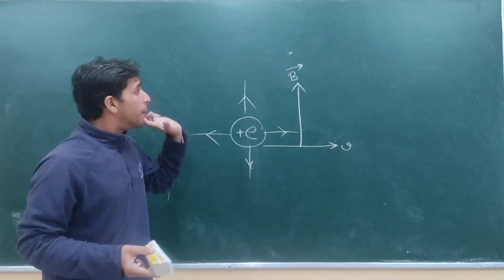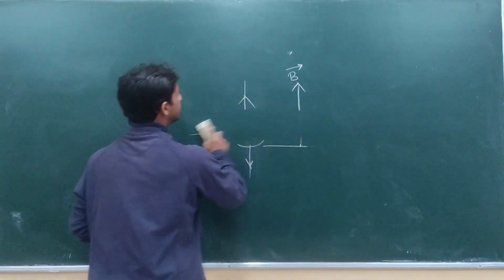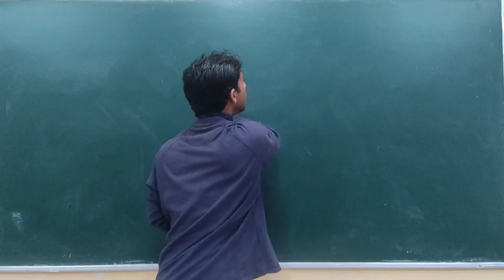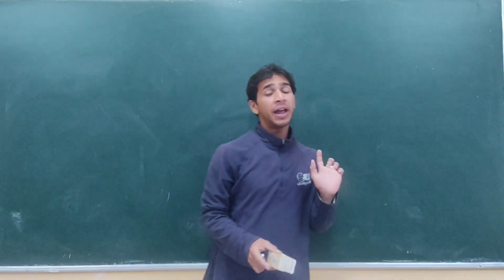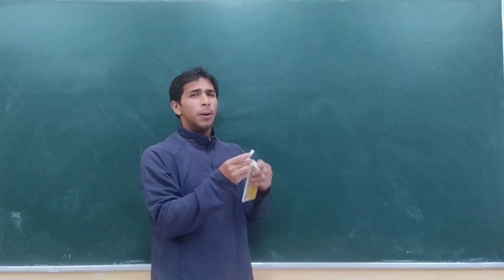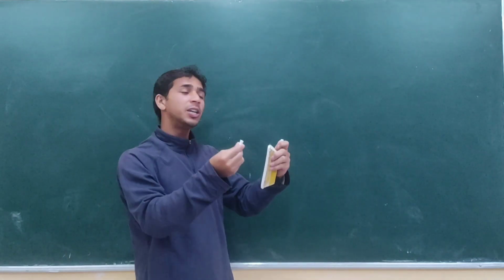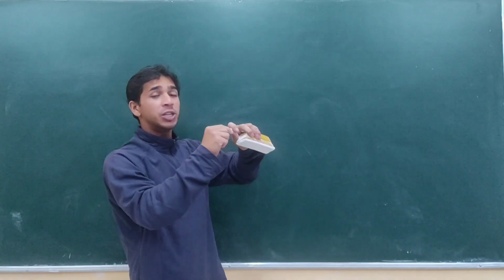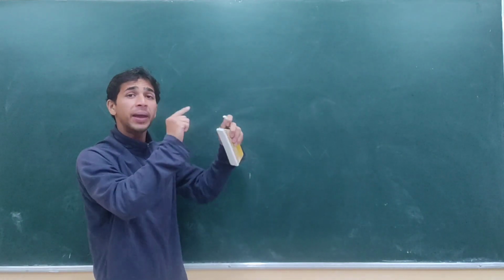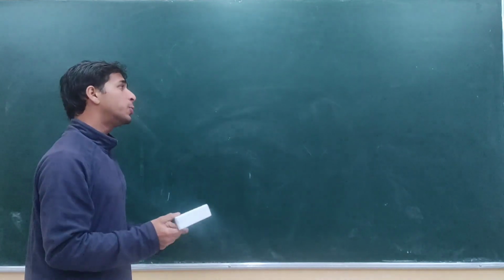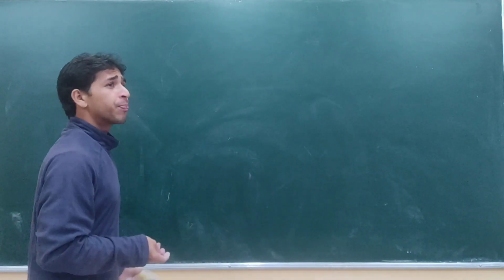Similarly, if you consider an atom, why atom? Because we are all made up of atoms. If you break this chalk into two halves, and further break this part into two halves again, there comes a limit beyond which you can't break it.